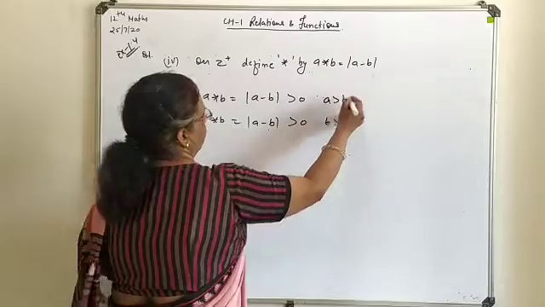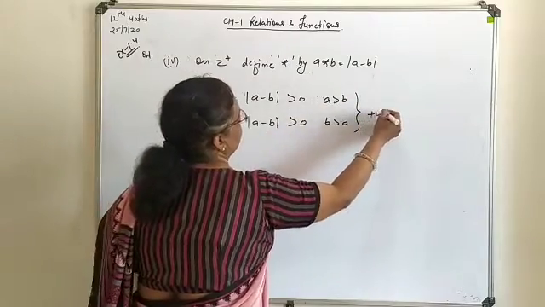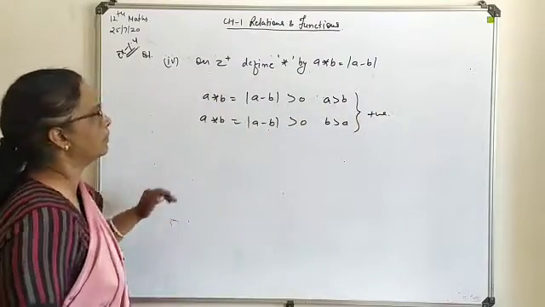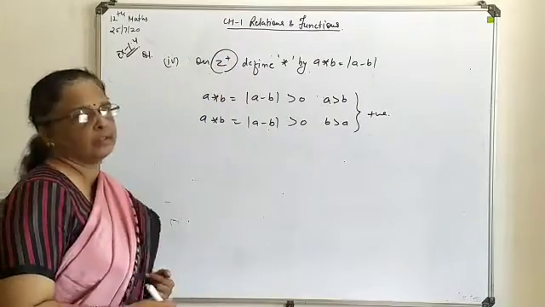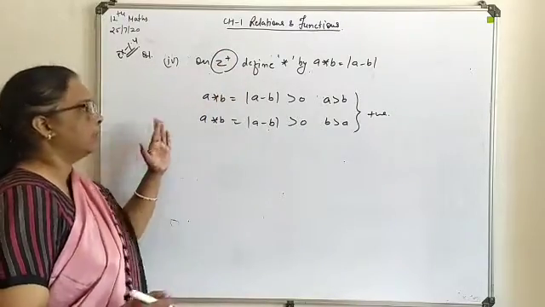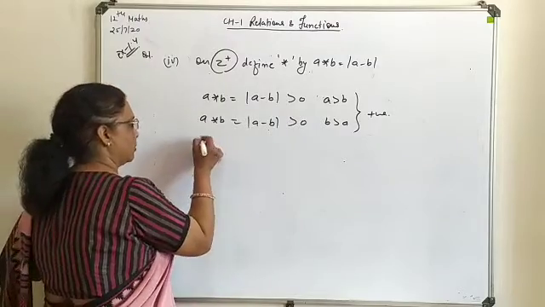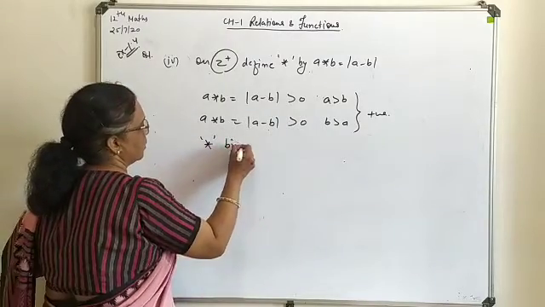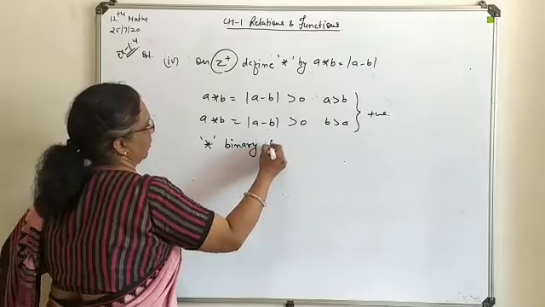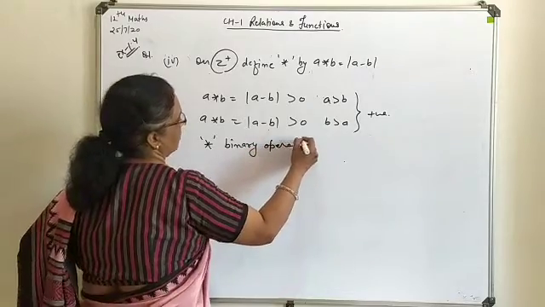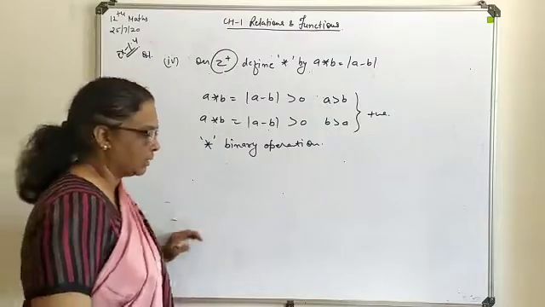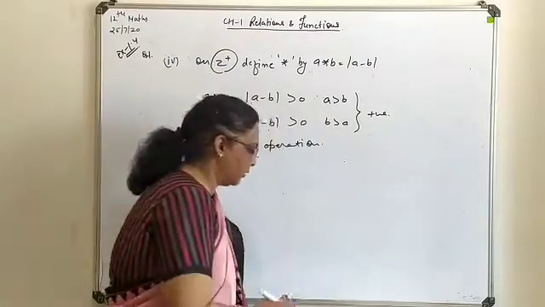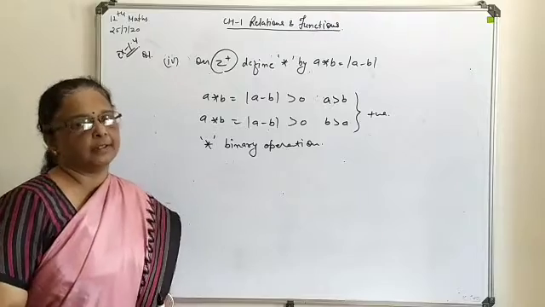So in combined form you can say both will give you only positive solutions. So on this z plus it is possible to operate this binary operation. So this function is a binary operation, or you can say it is possible to manage for further properties. This way you have to check whether it is possible to define it as a binary operation or not.